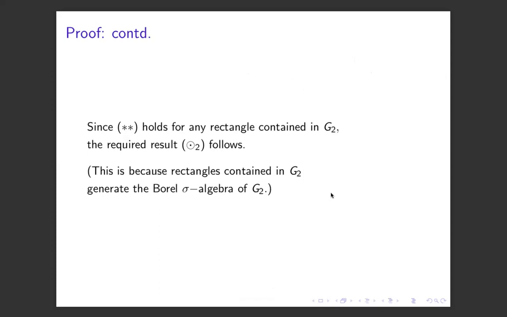Measure theoretically, this is because the rectangles contained in G2 generate the Borel sigma algebra of G2. That is, all the nice useful subsets of G2 can be obtained from our knowledge of rectangles. Those of you who know measure theory can just appeal to this result and conclude. Others can take it that any nice set contained in G2 can be approximated by a union of such rectangles.